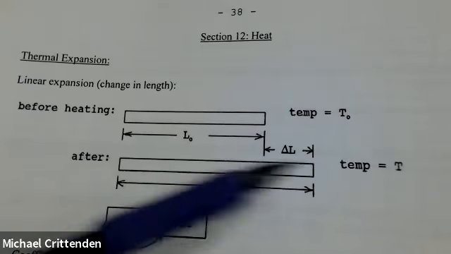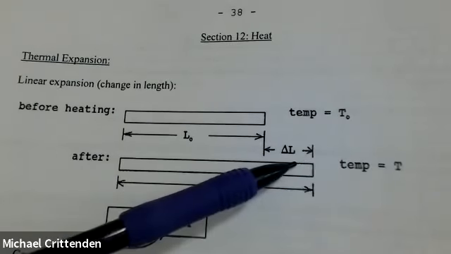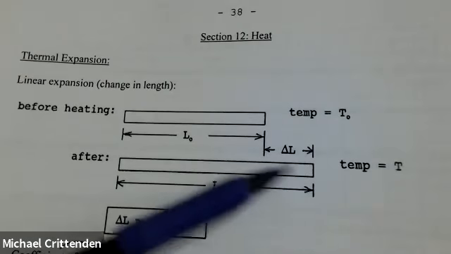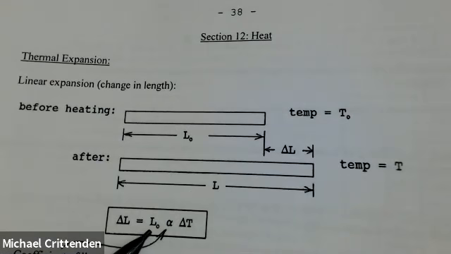So this rod or wire or bridge or whatever this thing is has increased in length by an amount delta L. What does delta L depend on? Well, first of all, it depends on how much is there to expand in the first place.